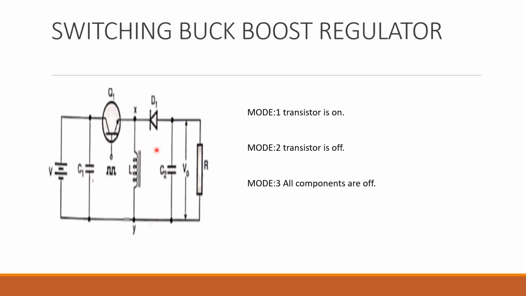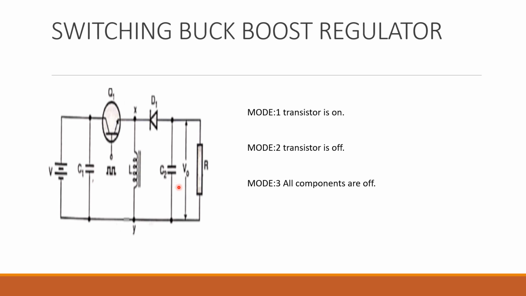This will be minus and this terminal will be plus. Hence, current will flow like this and your diode is now forward bias. Current will also flow through load. So diode is now forward bias and entire circuit will be completed like this. Current will flow in anti-clockwise direction. Here also anti-clockwise direction.